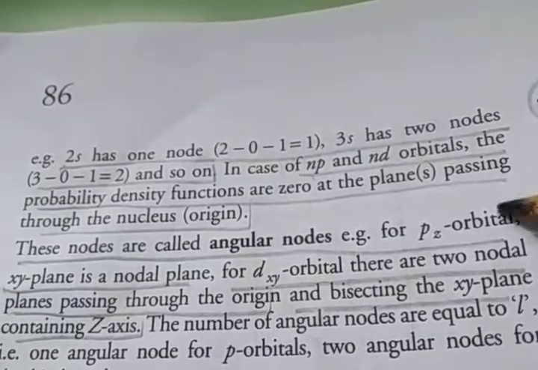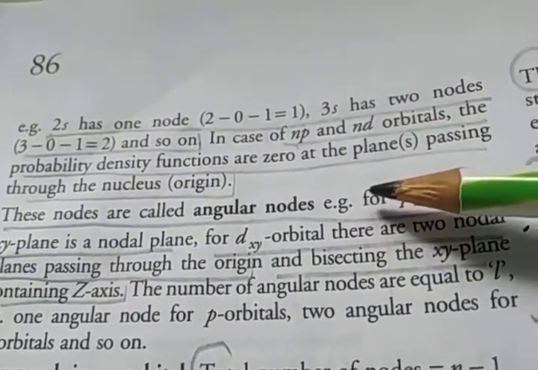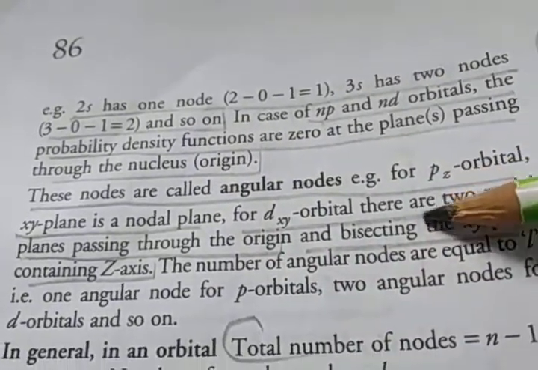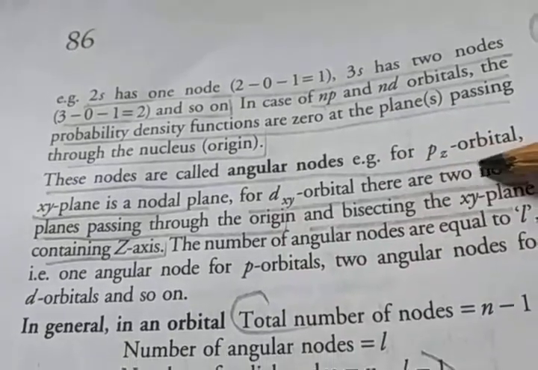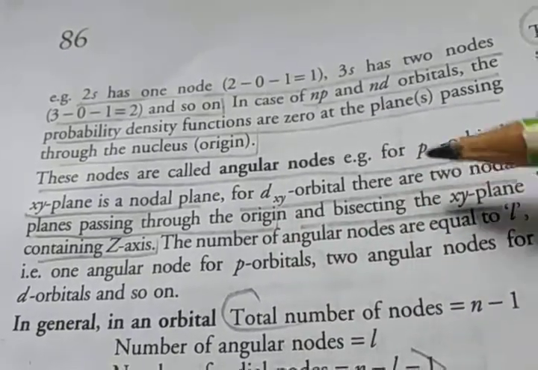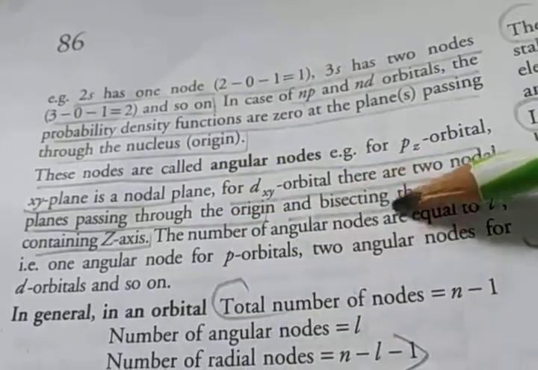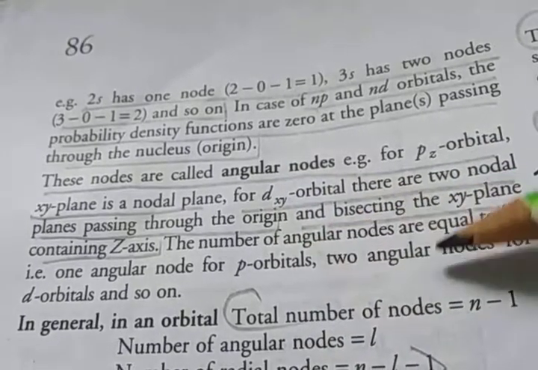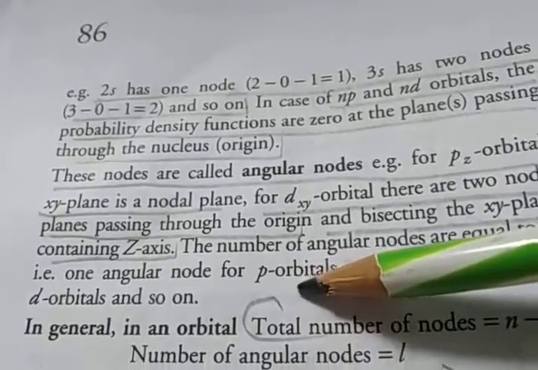In the case of np and nd orbitals, the probability density function is 0 at a plane passing through the nucleus. These nodes are called angular nodes. For example, the pz orbital has the xy plane as its nodal plane. For the dxy orbital, there are two nodal planes passing through the origin and bisecting the xy plane containing the z axis.